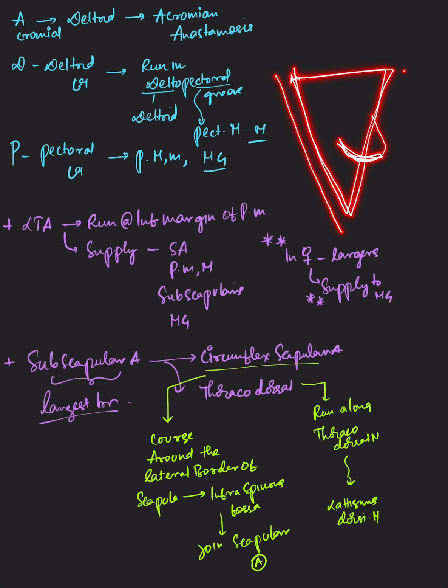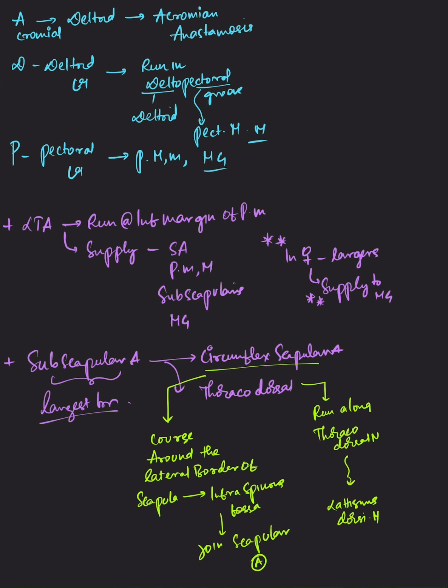This is the medial border and this is the lateral border. It runs along the lateral border and enters the infraspinous fossa. This is the spine and this is the infraspinous fossa, and here it joins the scapular anastomosis.